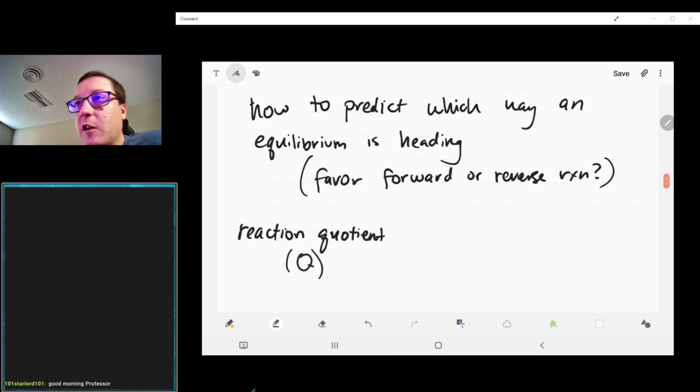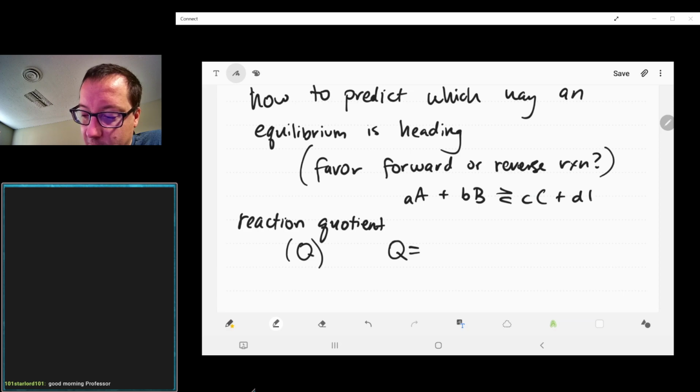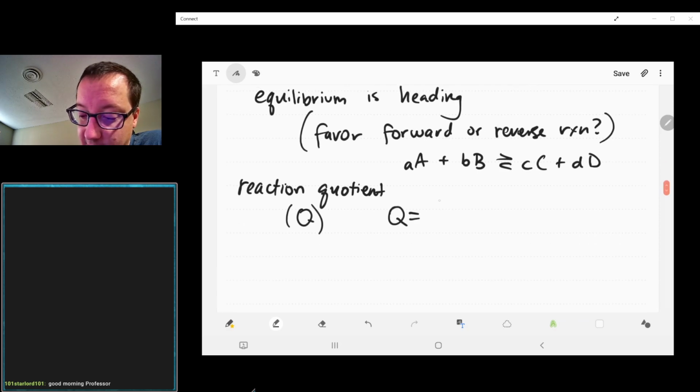This is Q. And Q is the same thing as your equilibrium expression. So if we have our same reaction from before, it's going to be the same as your equilibrium expression, with one caveat there. Let's make that lowercase.